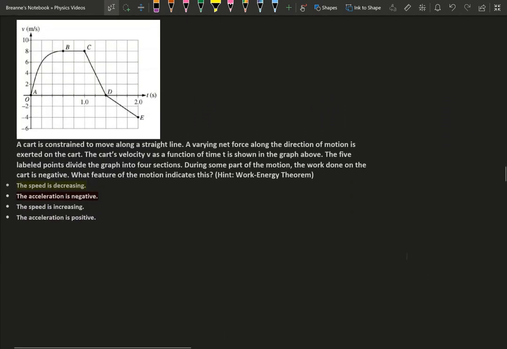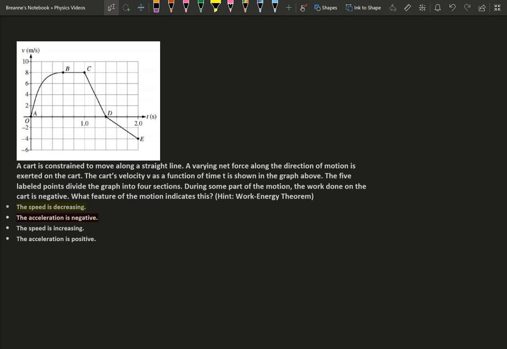Next question. A cart is constrained to move along a straight line. A varying net force along the distance of motion is exerted on the cart. So is our force constant? No. So we know that work equals force times distance can't be used because our force is not constant.